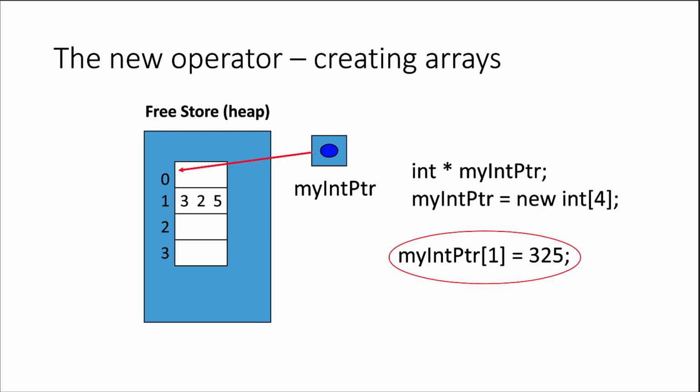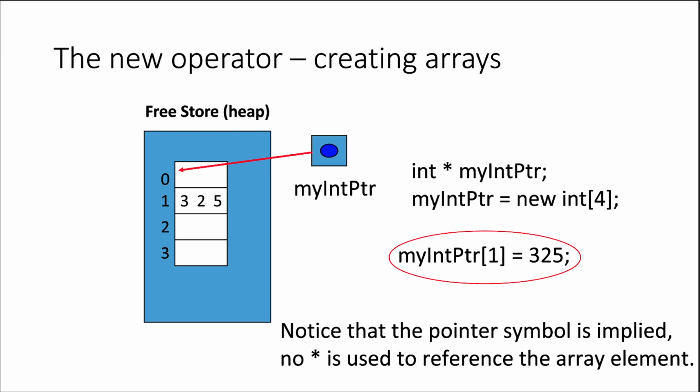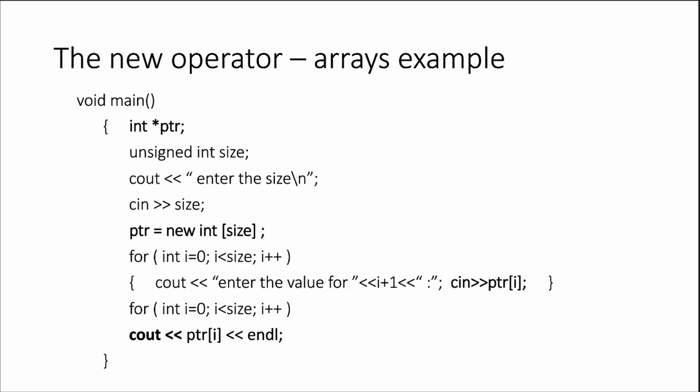That's quite common, most of you will know how arrays operate. Observe that the contents of or the star or the reference operator is not used when I'm using arrays. Just a point to note.